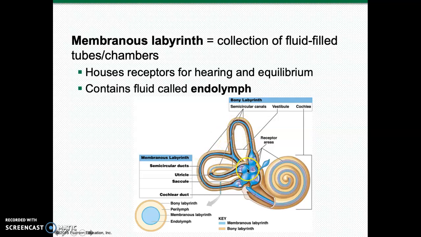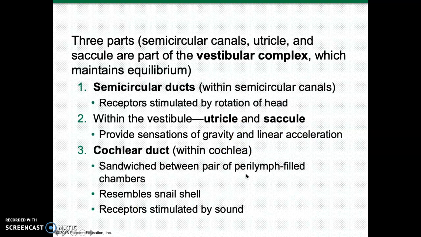And then here in the vestibule, you're going to find the utricle and the saccule. And so here in the vestibule, the utricle and saccule and the semicircular canals are for equilibrium.